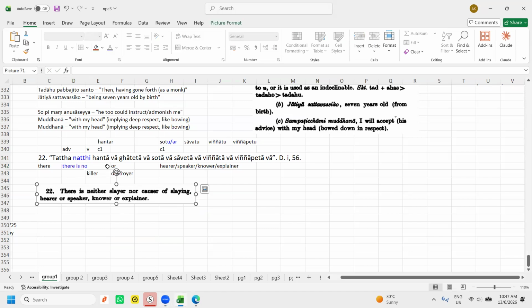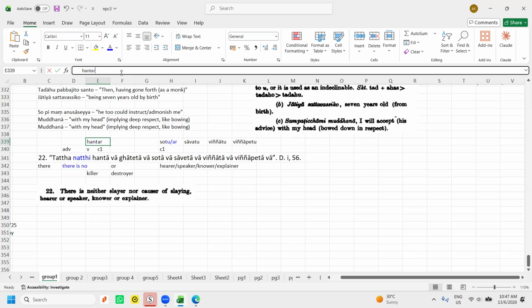Okay, now this is a bit difficult because in this case, this word comes from the word hantu or hanta. This is the ending.